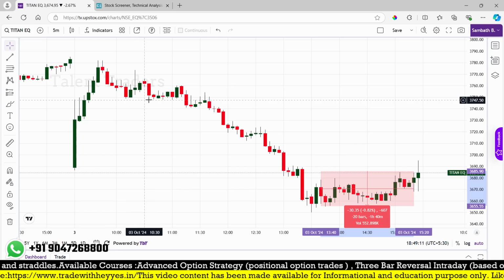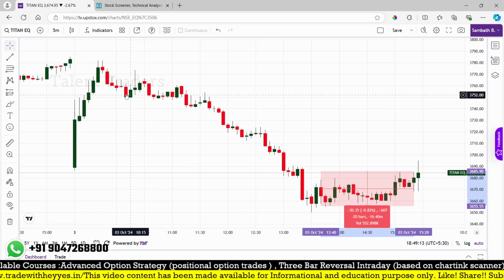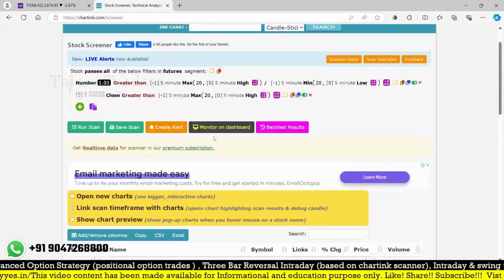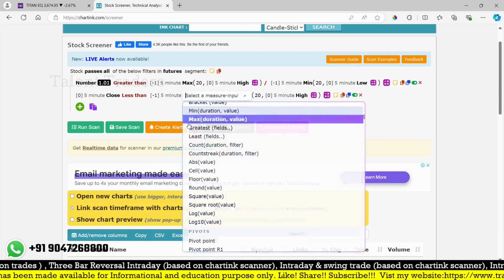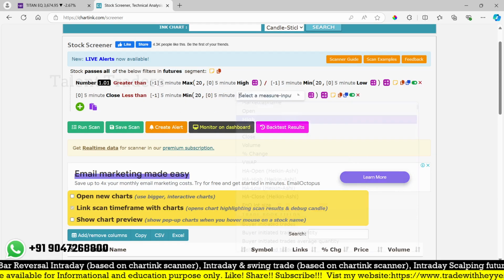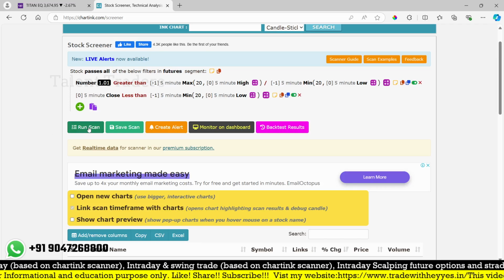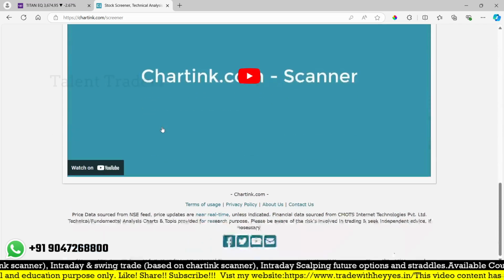From here we can also look at the first 10 or 20 candles. If you are using this, it should be the minimum and the low. If it changes for a downside, maybe Titan is also available.